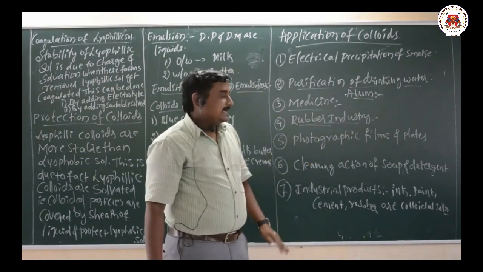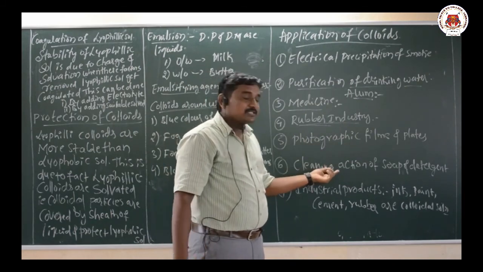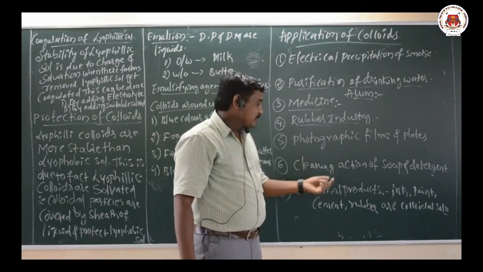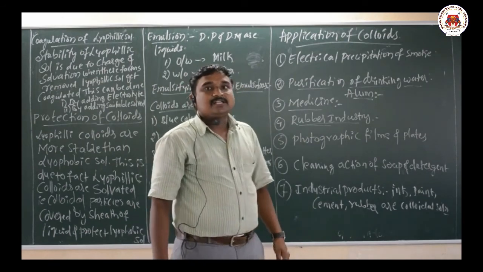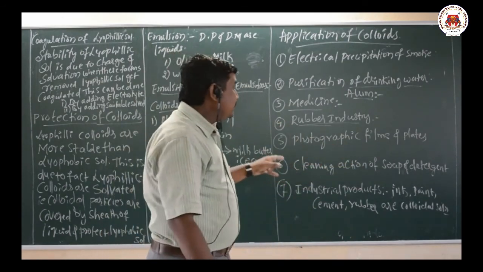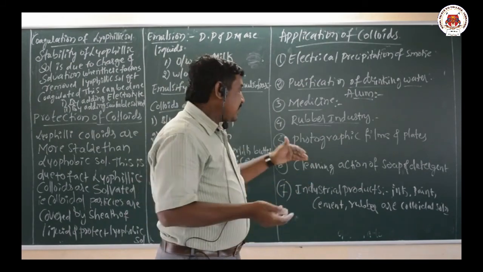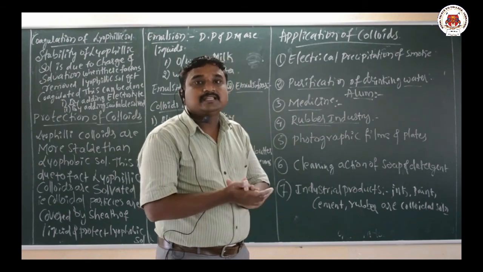Next application, cleaning action of soap and detergent, which we have already discussed in the cleaning action of soaps. The last application is in industrial products like the manufacture of ink, paints, cement and rubber. So these are the applications of colloids.